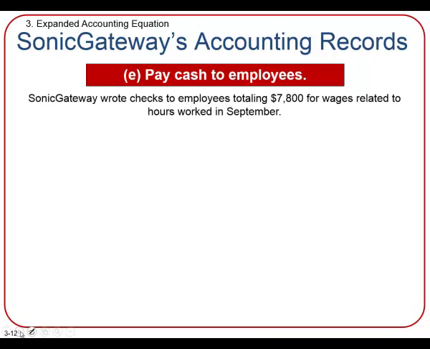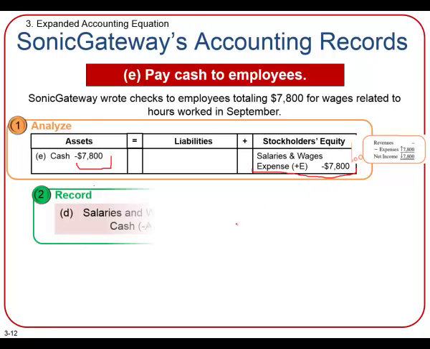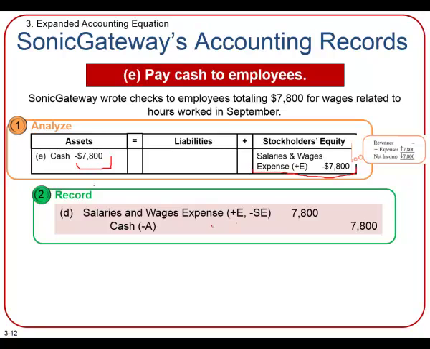Here's an expense example. SonicGateway wrote checks to employees totaling $7,800 for wages related to hours worked in September. We actually paid cash. Cash came out. And here expenses increase. The entry would look like this.